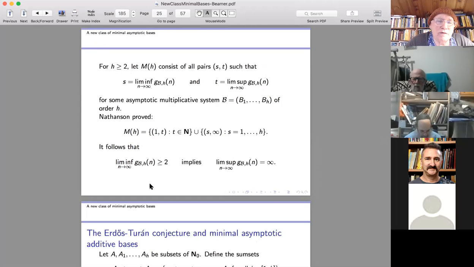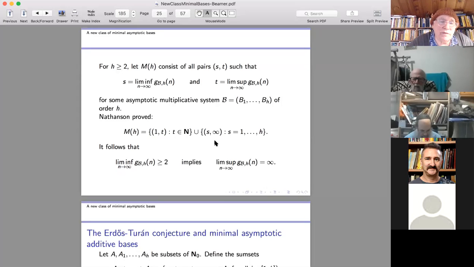What is this set M(h)? You can have S equal to 1 and T any positive integer, or you can have S equal to 1 and T equal to infinity, or you can have S being any number from 1 to h and T equals infinity. But that's a complete description of the set M(h).